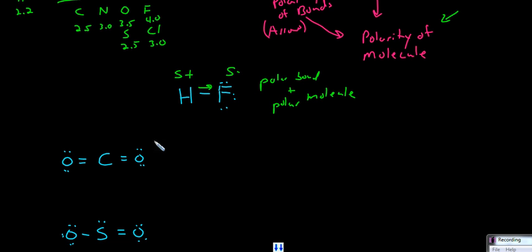How about carbon dioxide? Carbon has an electronegativity of 2.5, oxygen 3.5, so electron density goes towards the oxygen. Now, do we have polar bonds? Yes. Do we have a polar molecule? Well, let's see. What you need to do is add up the bonds, or the dipoles here.